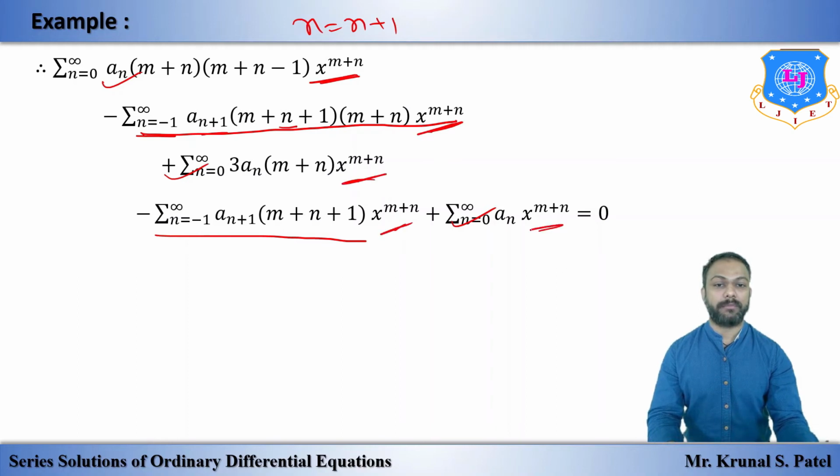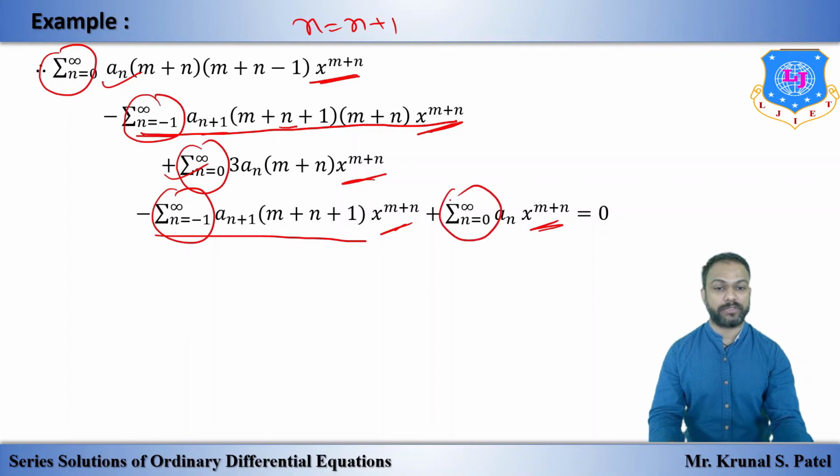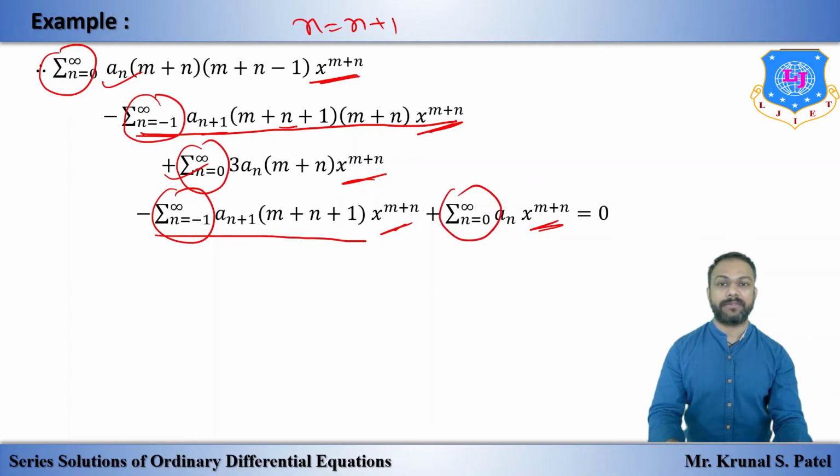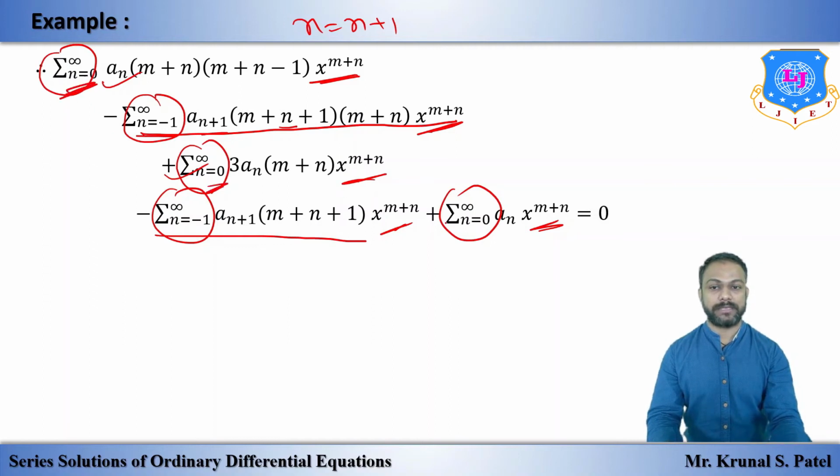Now we will make the power of sigma equal. So now observe, the first term has n is equal to 0, the second has n is equal to minus 1, then n is equal to 0, n is equal to minus 1, n is equal to 0. So in this step, make power of sigma equal, we have to just make the maximum starting point. Here we have starting point 0, this is 0, and this is 0, the greater value of n.